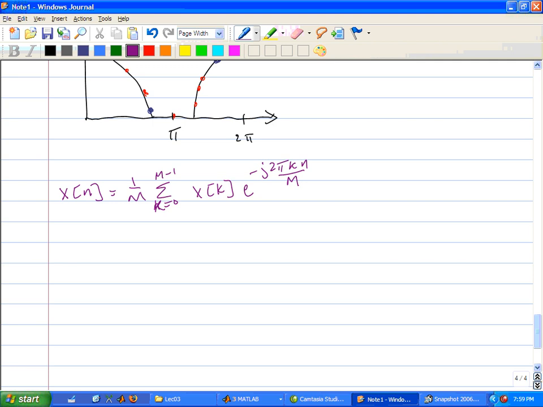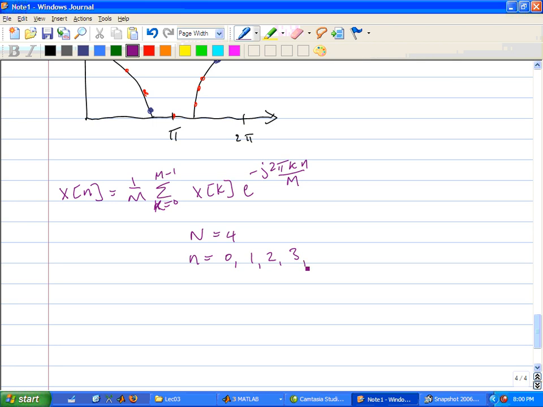When I'm computing my inverse Fourier transform, let's say that I started with 4 points. So I'm taking the inverse DTFT, or DFT, a 4-point inverse transform. In other words, I'm expecting 4 points back, so I let n equal 0, 1, 2, and 3. Is there any reason why I can't evaluate that at other values of n?